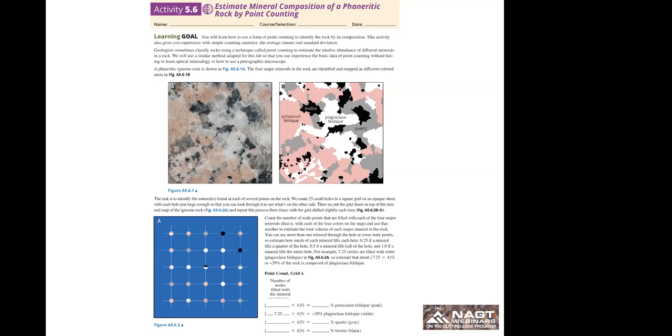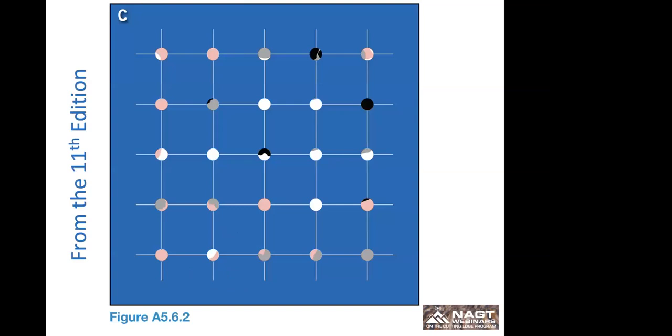In the 11th edition, Dennis Tassa and I created an opaque blue layer with a grid of holes in it and literally placed that holy layer over the mineral map that you see in panel B up in the middle right part of this page. The result in the 11th edition was this illustration. Students were asked to estimate the percentage of each of the four colors that might be visible in a given hole in the grid and to tally up the totals for the whole grid.